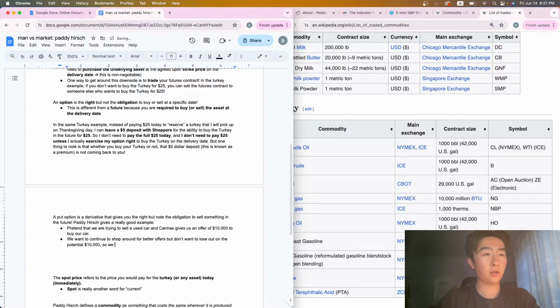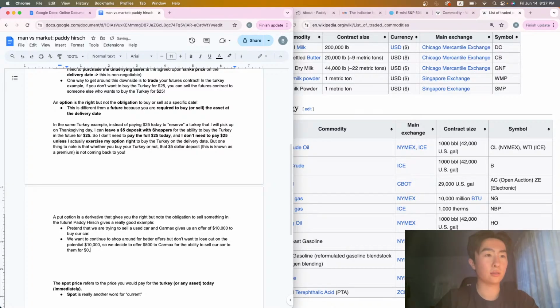So we decide to offer $500 to CarMax for the ability to sell our car to them for $10,000. Okay, right.